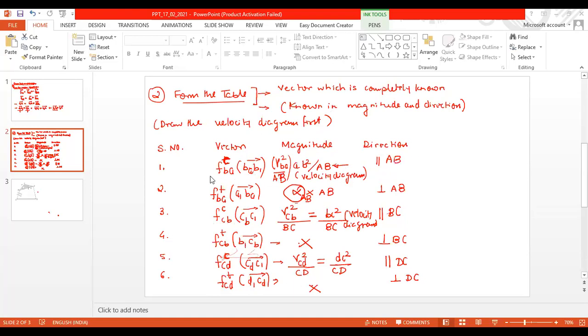We found that FBA centripetal, FBA tangential, FCB centripetal and FCD centripetal are completely known in magnitude and direction. Only these two vectors, FCB tangential and FCD tangential, are not known in magnitude, but we still have the directions of these two components.